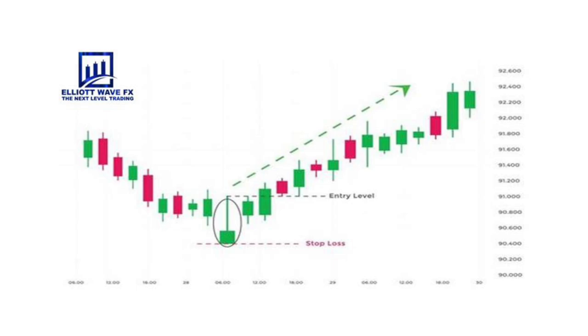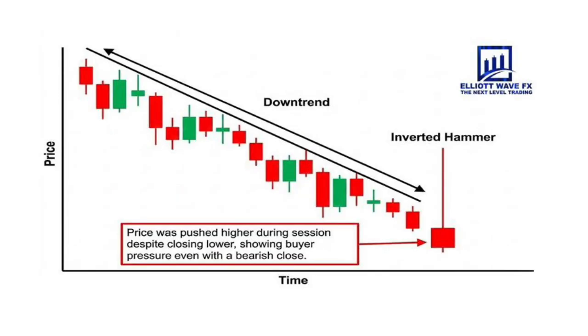Hammer near major support zones. One of the strongest uses of the hammer candlestick is when it forms near major support levels, areas where buyers have historically stepped in to prevent further price declines. Support confirmation. When price reaches a known support zone and forms a hammer, it suggests buyers are defending that level, indicates potential reversal from a key price area.